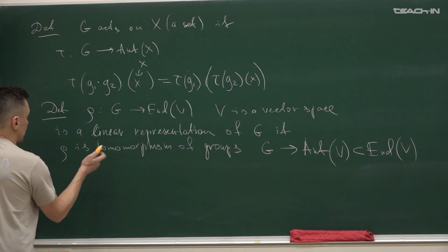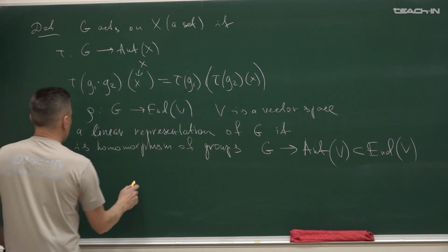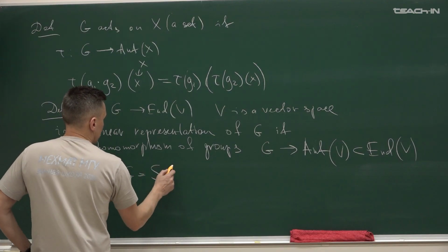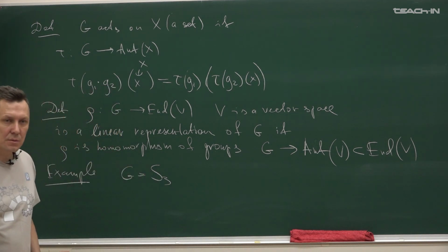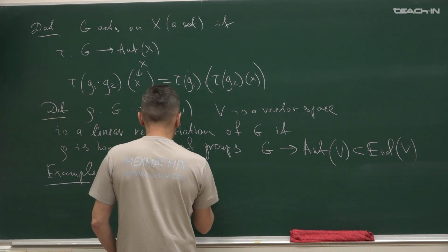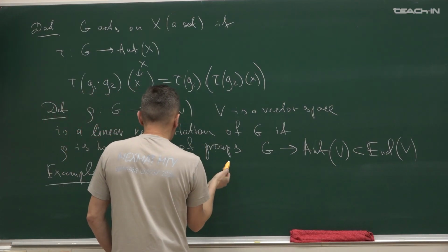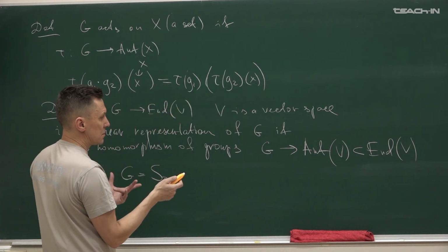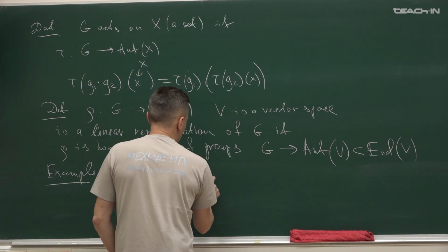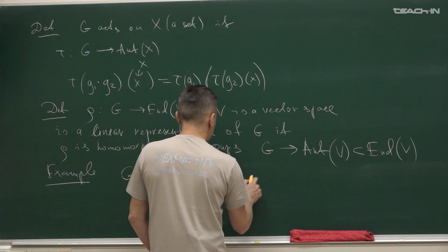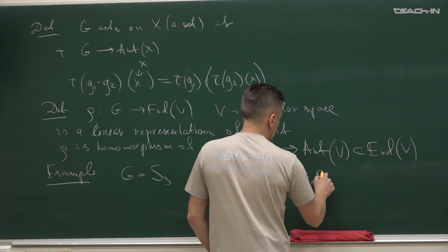We discussed examples. Example. Let G be the group S3, the symmetric group. We can realize this symmetric group as linear operators. The most simple way is to map S3 to GL3.